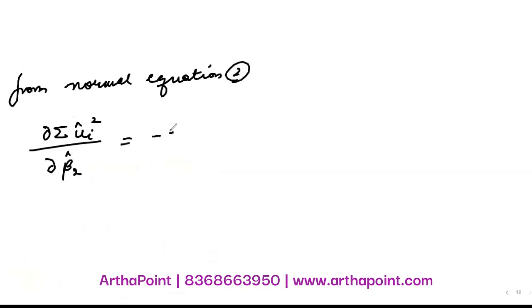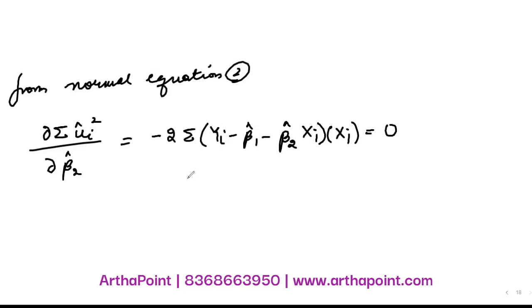You will get minus 2 summation yi minus beta 1 hat minus beta 2 hat xi into xi is equal to 0. But I know that yi is nothing but beta 1 hat plus beta 2 hat xi plus ui hat.